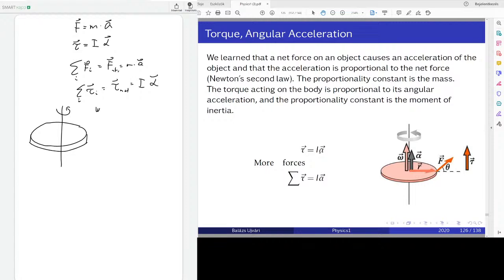Let's say this is 2 pi 1 over s. That means 1 full rotation in every second. And let's say we have a force that goes into the surface of the table.